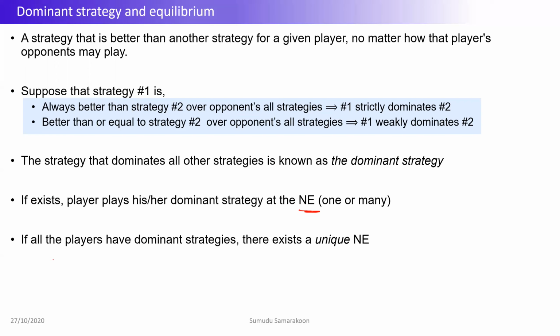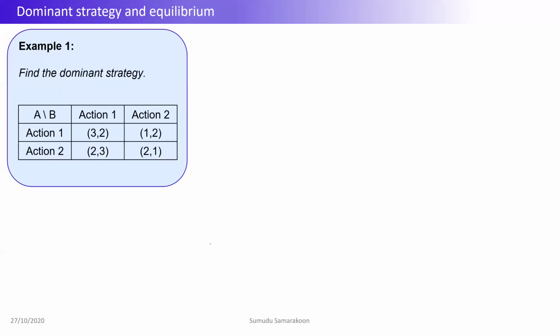The other important aspect is if all players have dominant strategies together, then there exists a unique Nash equilibrium. Now let's check a couple of examples regarding this concept. Find the dominant strategy for A, B, and the ones that couple together, right?